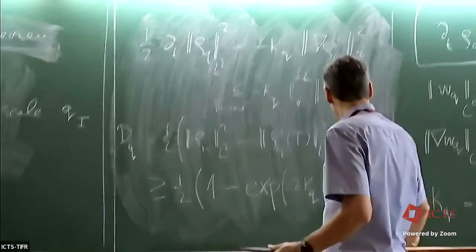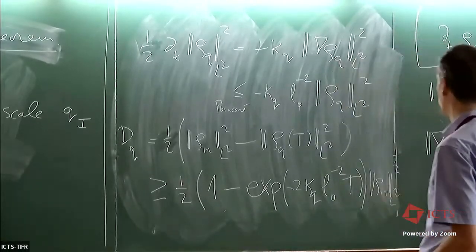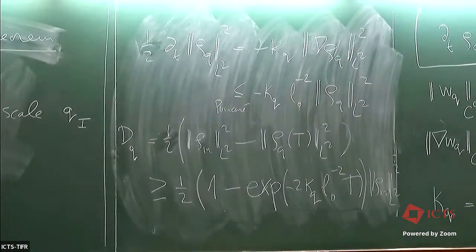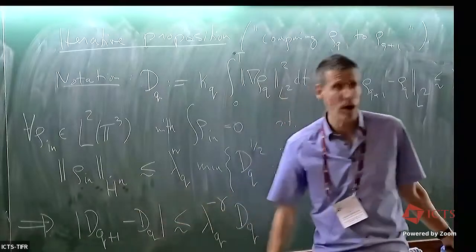And so I want to essentially choose Q such that this is bigger than, if I put that lower bound here, I get this, at least for n equals 1.